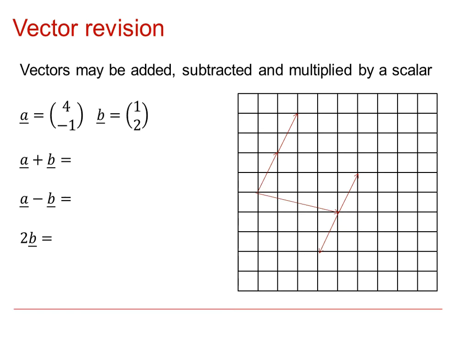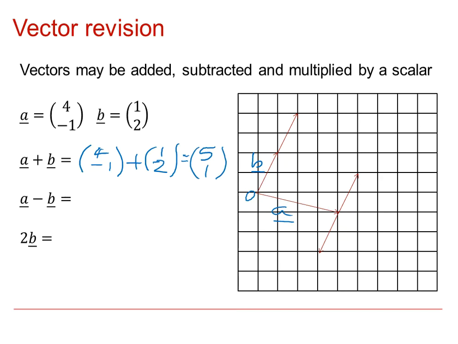So, here we have A, which is (4, -1), if we take this to be the origin. And B would be (1, 2), that red line there. If we're looking at A plus B, just to remind you how we add vectors, we would have 4 plus 1 is 5, and minus 1 plus 2 is plus 1.